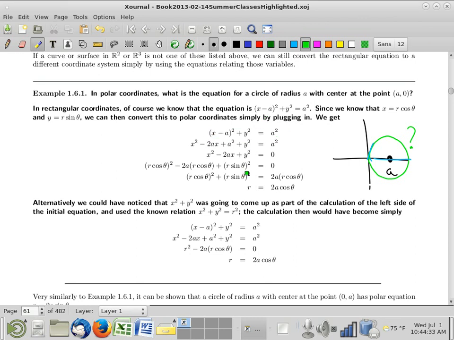Just don't forget that x is, I'll do it like this. Multiply it out, collect a few terms, and then x is r cosine theta. That x, r cosine theta. This y, r sine theta.